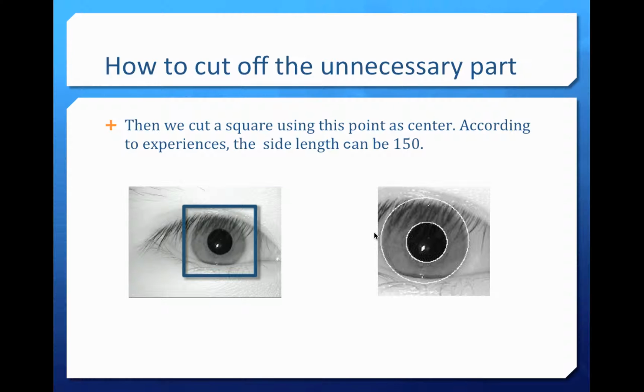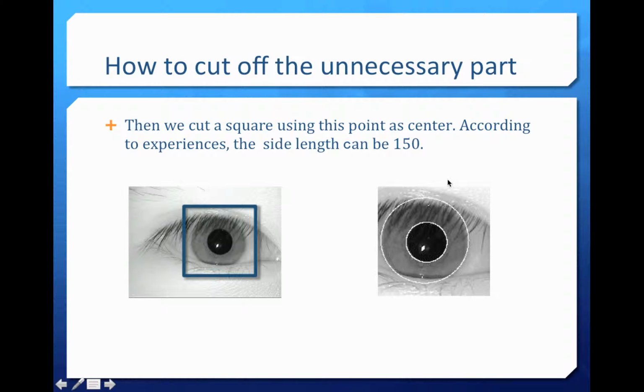We cut it off from the picture, so we cut off just the iris area and leave all the other unnecessary parts away. Since we use the MMU iris database, I did experiments and found that 150 would be a proper side length for the square. So we use this as the center and cut off a square with a side length of 150. Then we get a close-up picture of the iris.